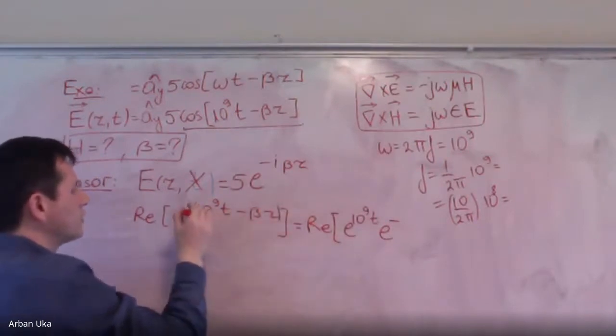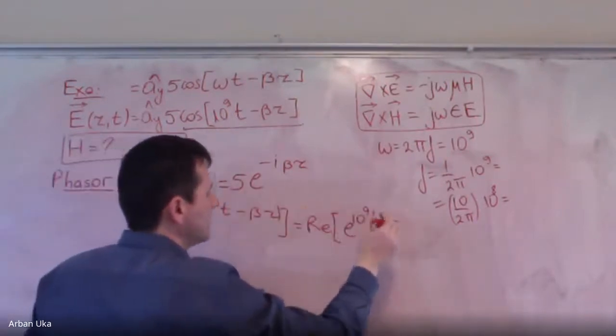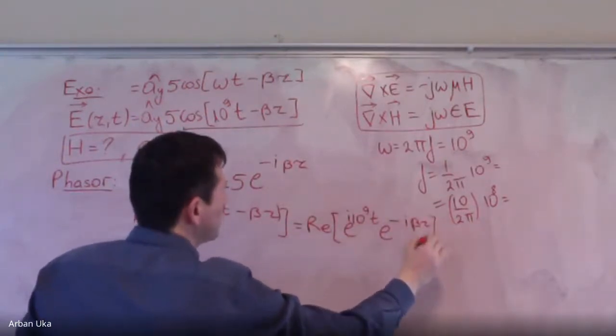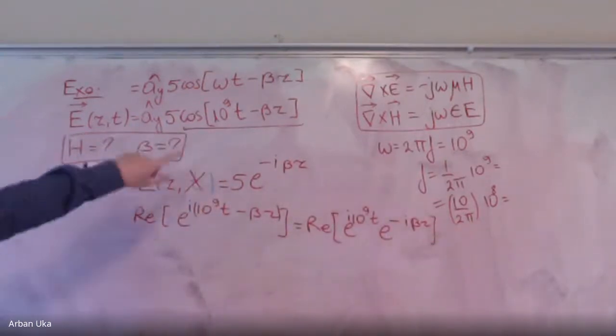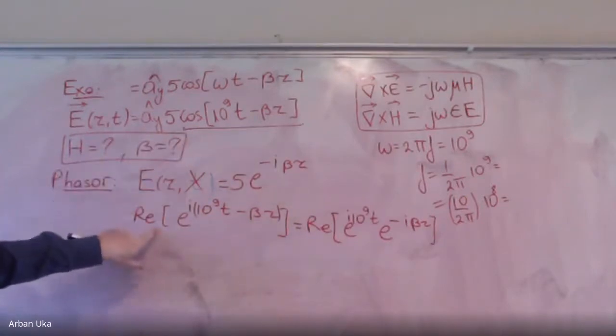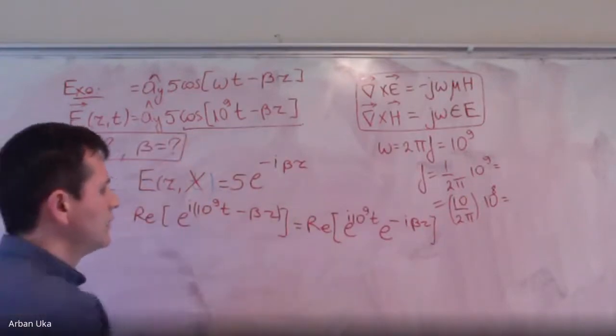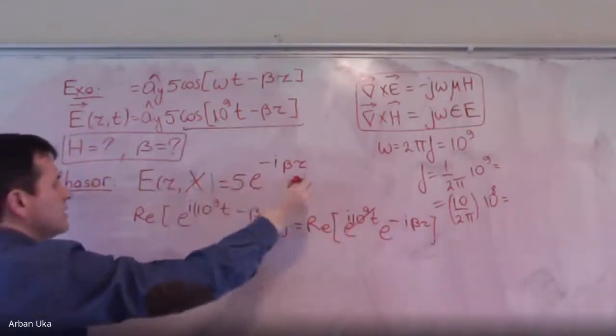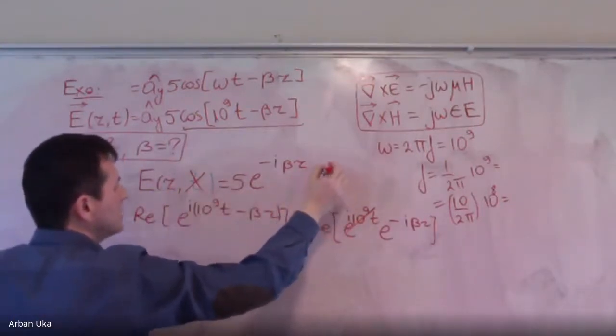We have forgotten to put the j. So cosine is the real part of this. If we cancel out the time, that's what we are left with. So the phasor is this, a_y.